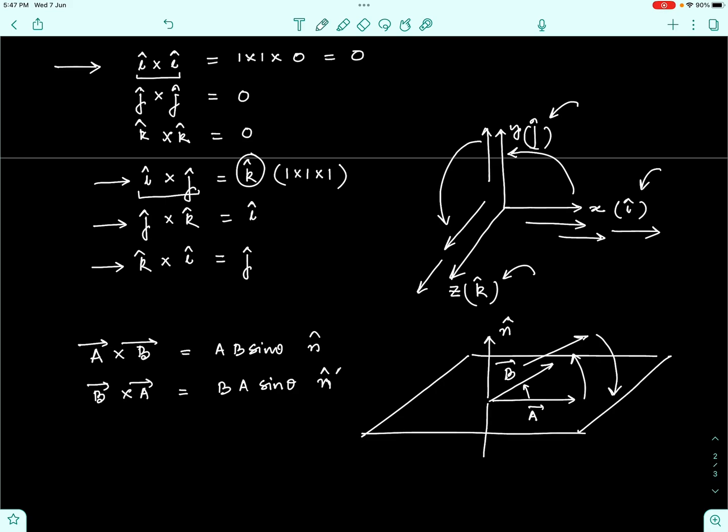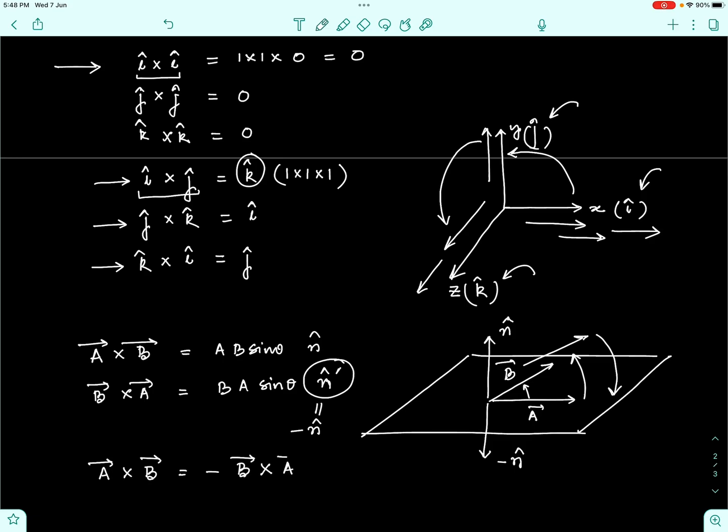So the direction of B cross A will not be the same as the direction of A cross B. It will rather be just opposite to the direction of A cross B, right? So this n cap dash is nothing but minus of n cap. And we understand from here that the cross product of two vectors is anti-commutative. A cross B is minus of B cross A. Why?